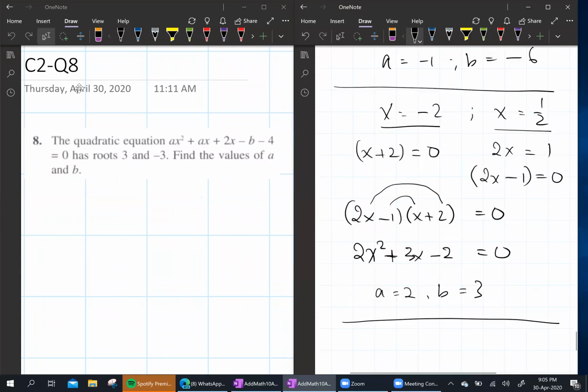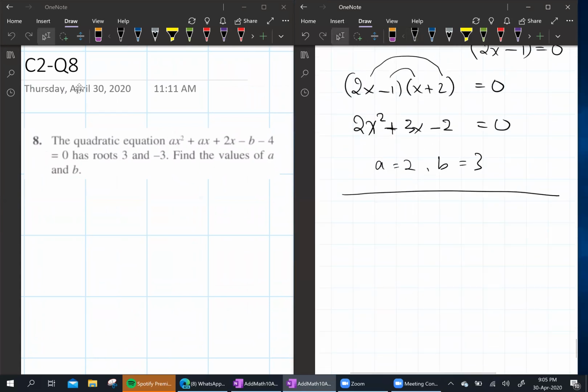So same type of question, same type of question. Given two roots, right? Find the value of a. You try yourself.